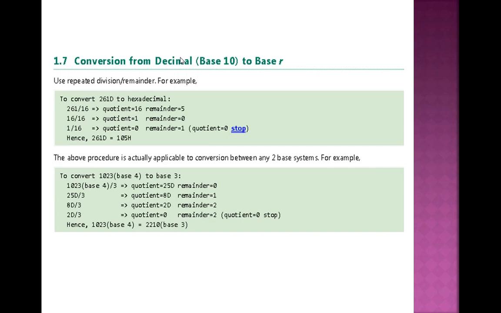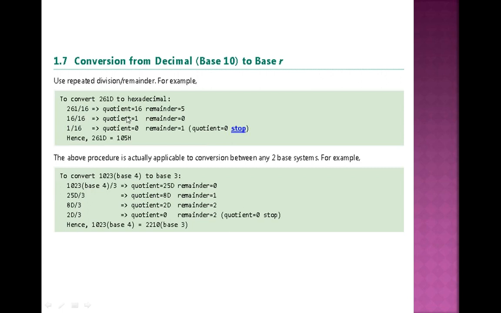Use repeated division and remainders. For example, to convert 261 decimal to hexadecimal. This is your decimal form, and this is converted into hexadecimal. First of all, divide 261 by 16. Quotient is 16 and the remainder is 5.